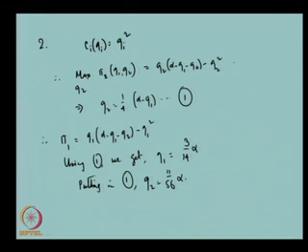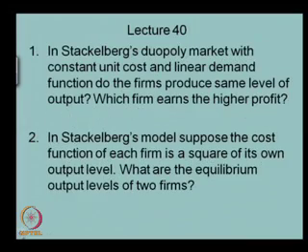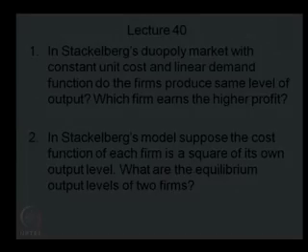And there will be differences in the profit level also. Firm 1 will earn more profit, firm 2 will earn less profit. So, the qualitative result we got for constant unit cost remains the same, even if we have quadratic cost of production: firm 1 is producing more and earning more profit, firm 2 is producing less and earning less profit. Thank you.